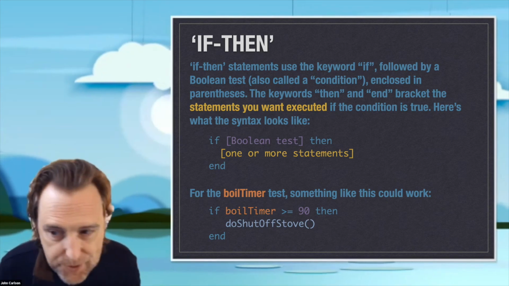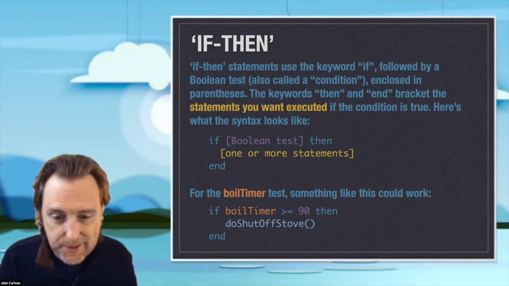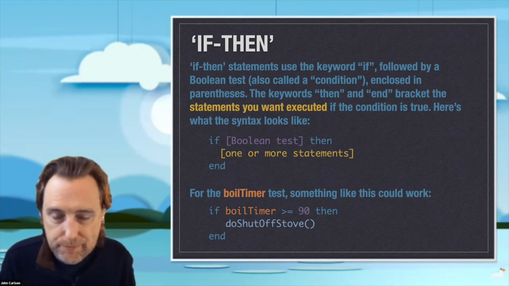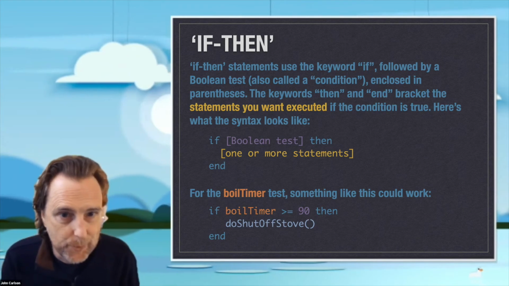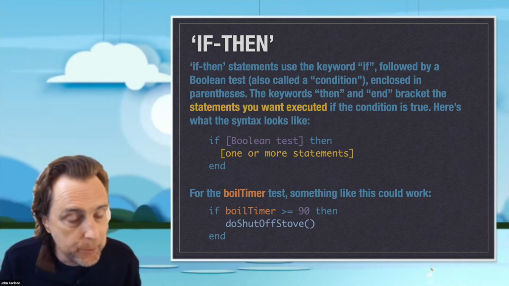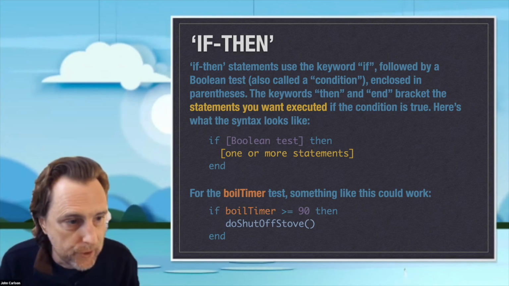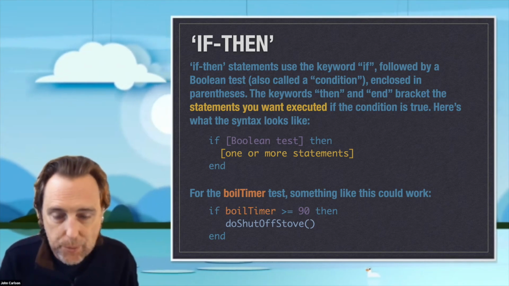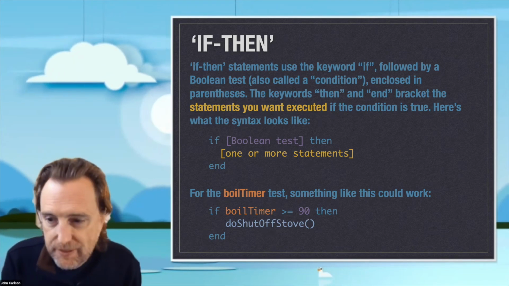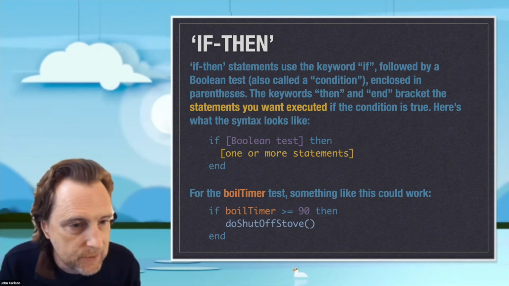So code like this would probably be on some sort of a timer that ran every second or however quickly you needed to run it. So it would be evaluated over and over and over again as the cooking process unfolded. And when it hit 90, then this do shut off stove will get called.